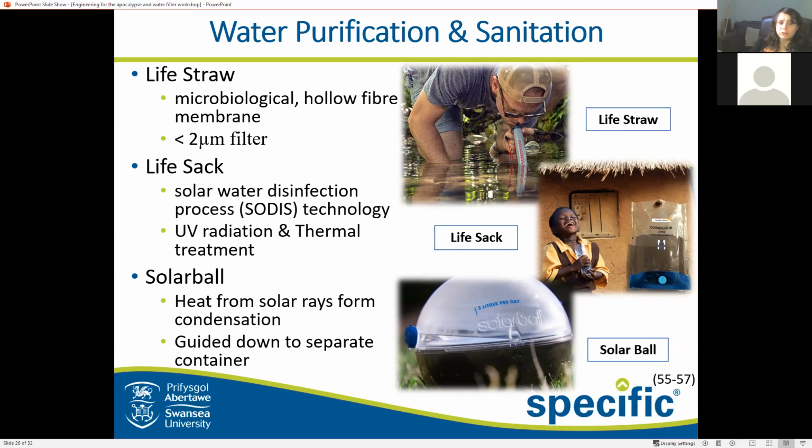The first one here is the LifeStraw, which is a small portable filter which can be used up to 5 years using a microbiological hollow fiber membrane that filters up to around 0.2 microns. This is capable of removing most bacteria and particles and microplastics so that the water is clean and drinkable.